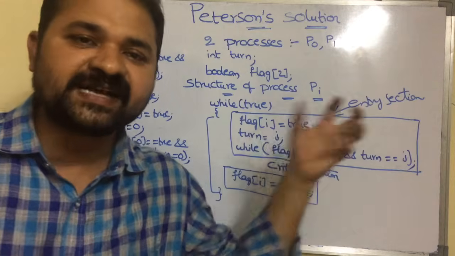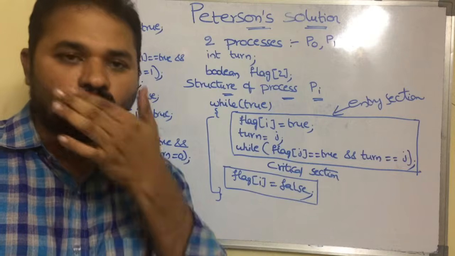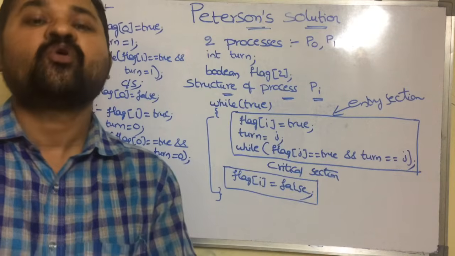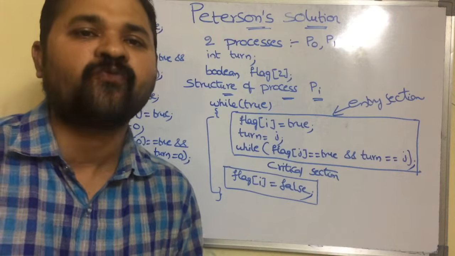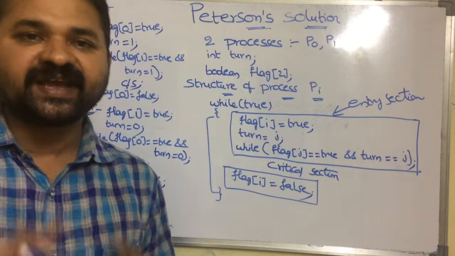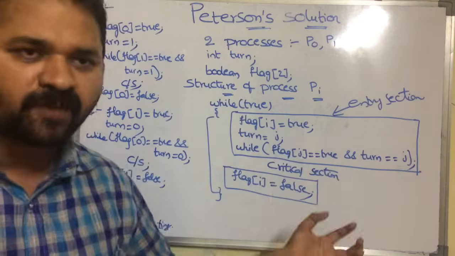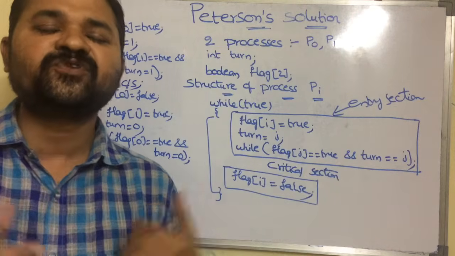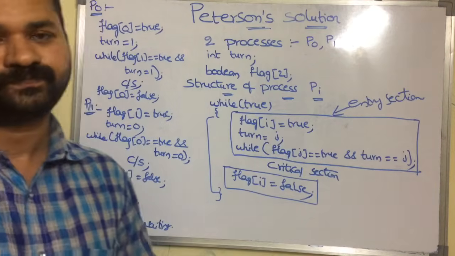Peterson solution is nothing but a software solution. We know what is a software. Software means a program. Program means a collection of instructions. So we can say that Peterson solution is a program which is useful in order to solve the critical section problem.